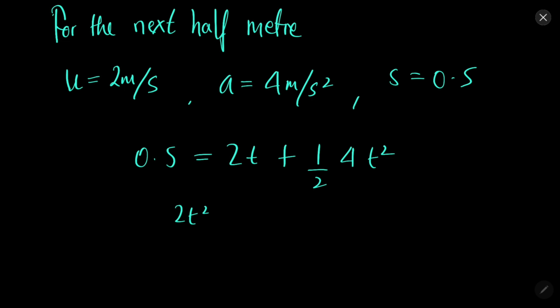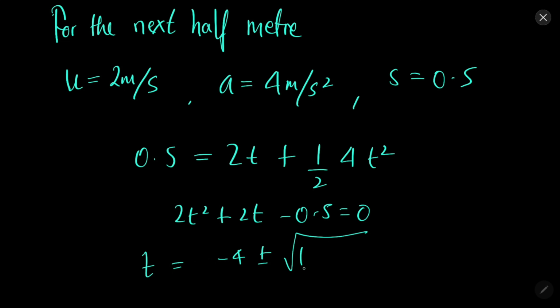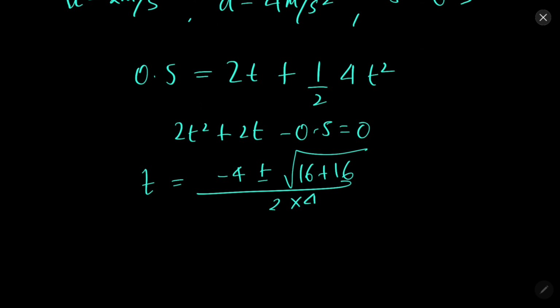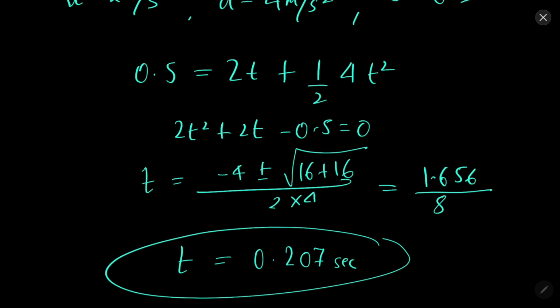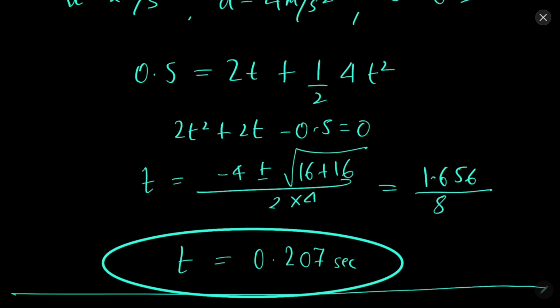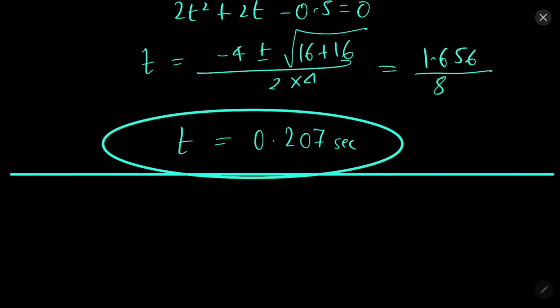So 2t square plus 2t minus 0.5 equal to 0. When you solve this, minus 4 plus minus root 16 plus 16 divided by 2a, that is 2 into 4. So it will be root 32 divided by 8. So time will come out to be 0.207 seconds. This will be the time period to travel the next half.